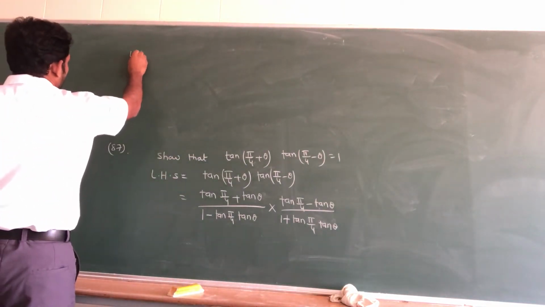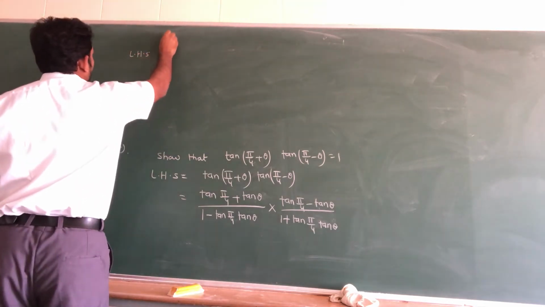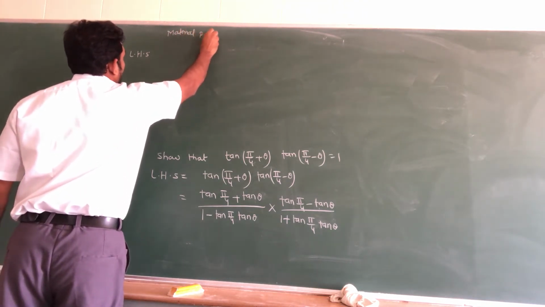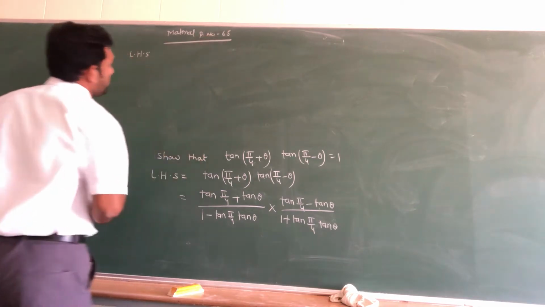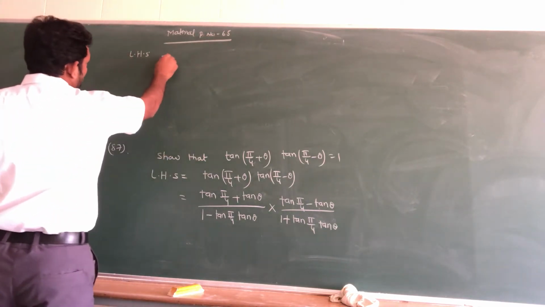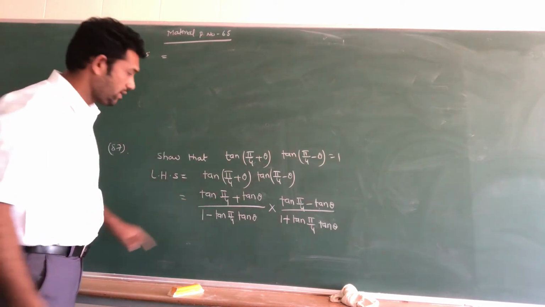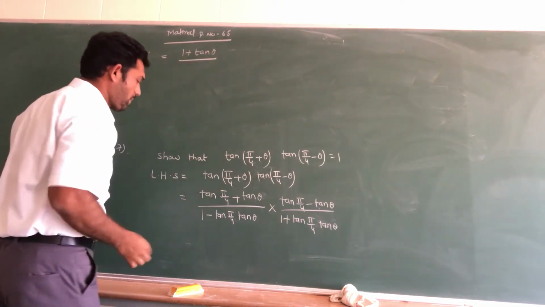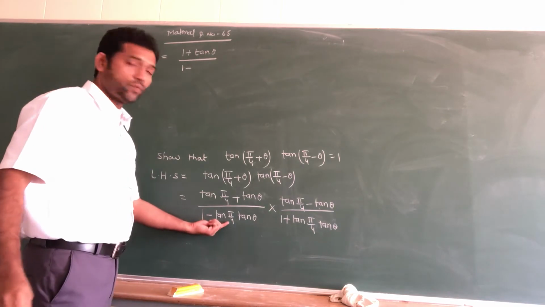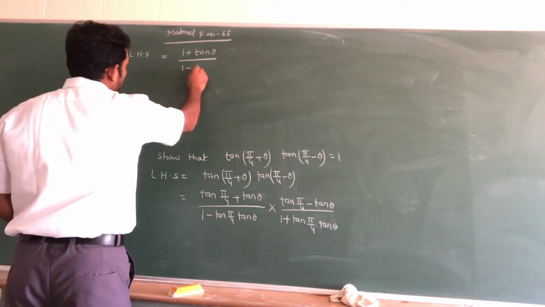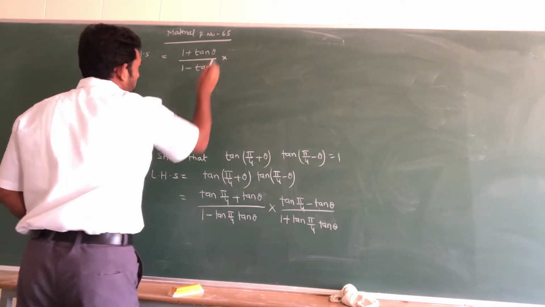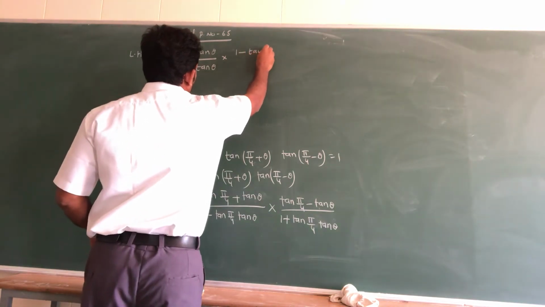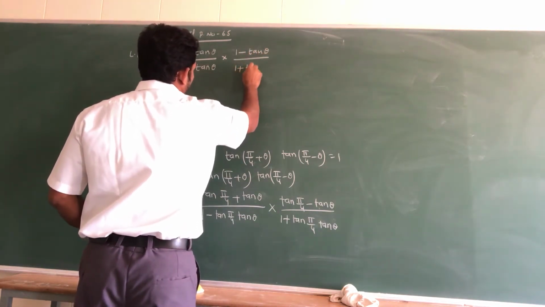Don't be confused, page number 65. So for the LHS value, tan pi by 4 value is 1, so 1 plus tan theta divided by 1 minus tan theta, into 1 minus tan theta divided by 1 plus tan theta.